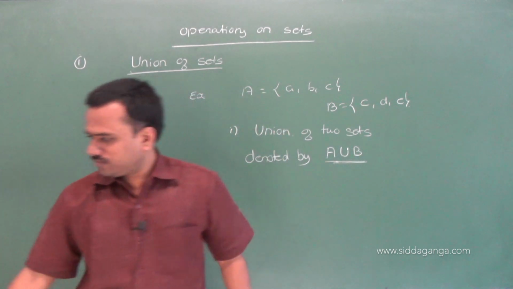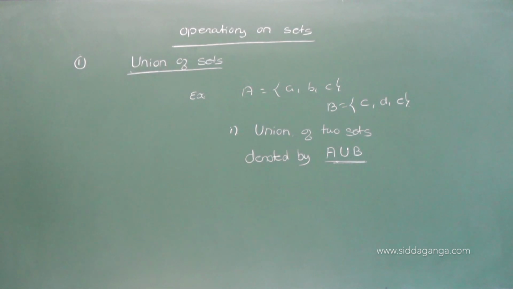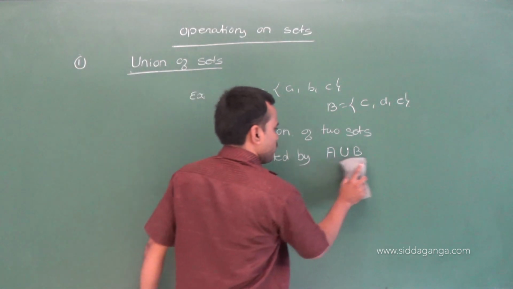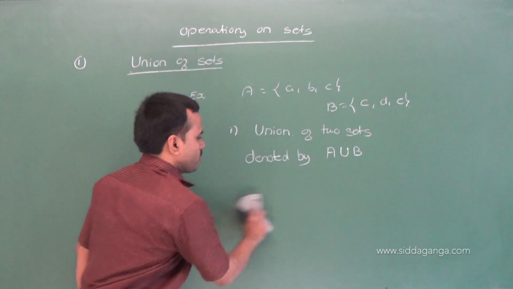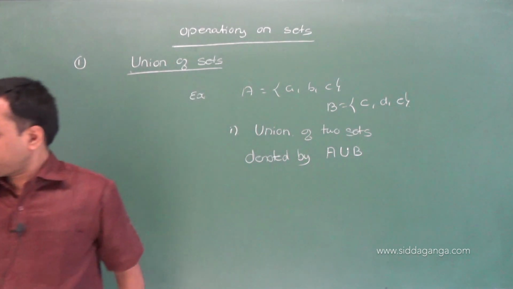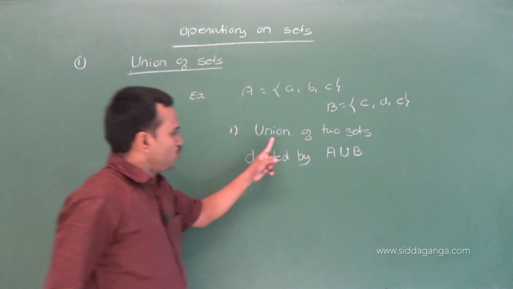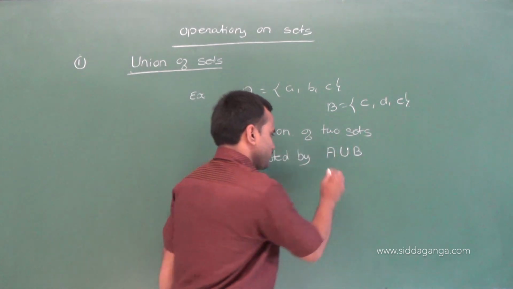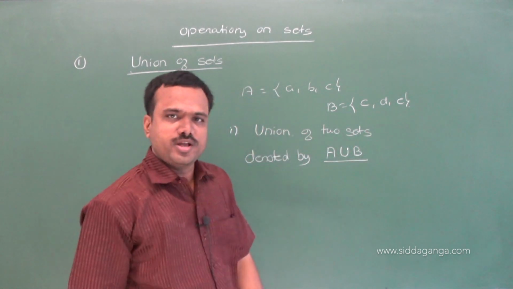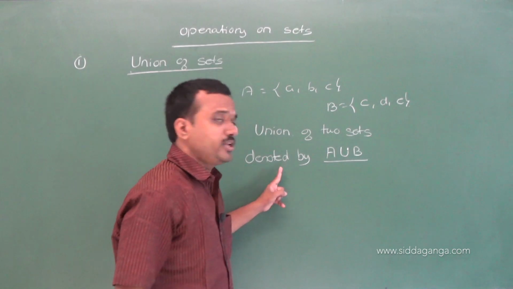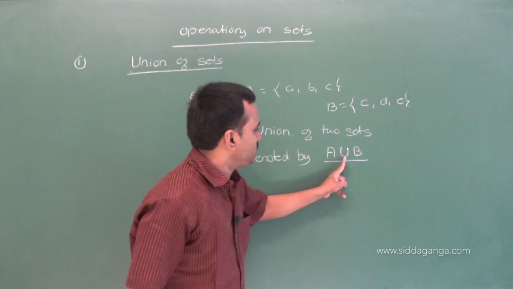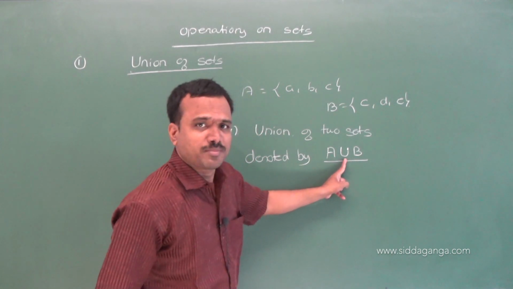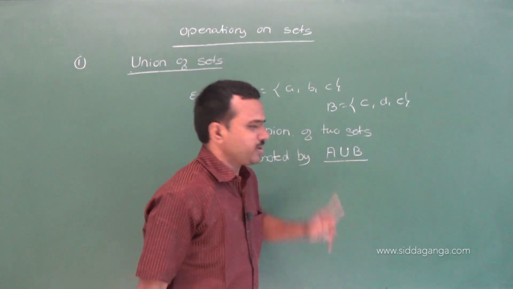First one. Union of two sets denoted by A union B. U means capital U. A union B.